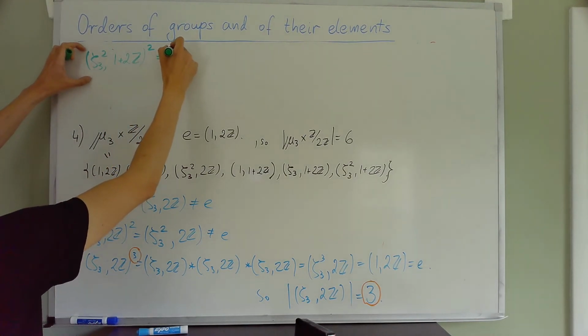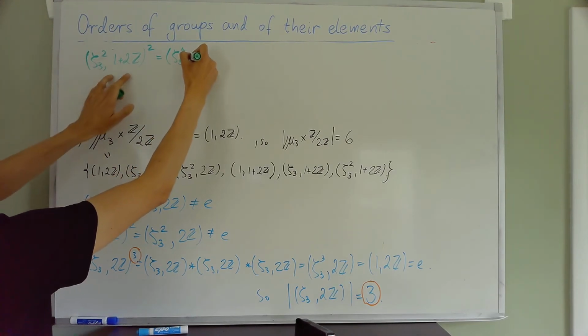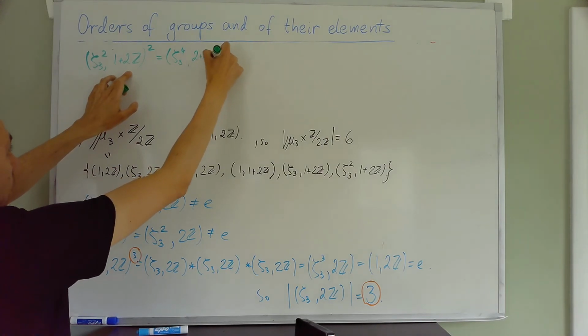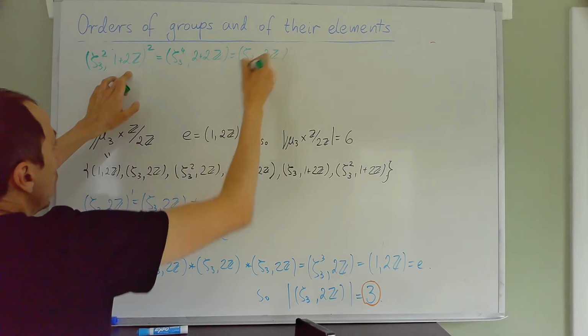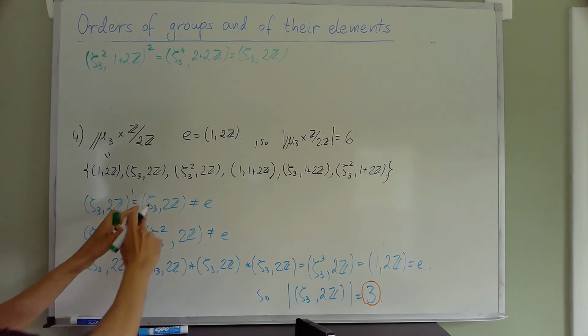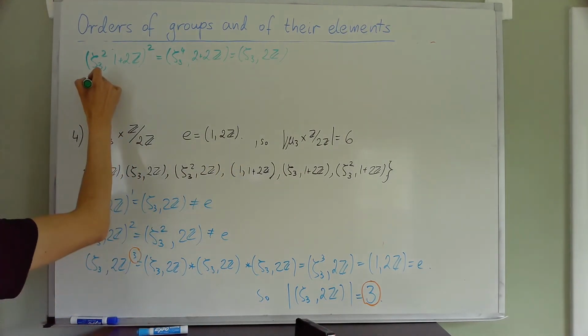So that means I'm squaring the first coordinate, and I'm adding the second to itself. That's (zeta 3, 2Z). Is that the identity? No. The identity is (1, 2Z).